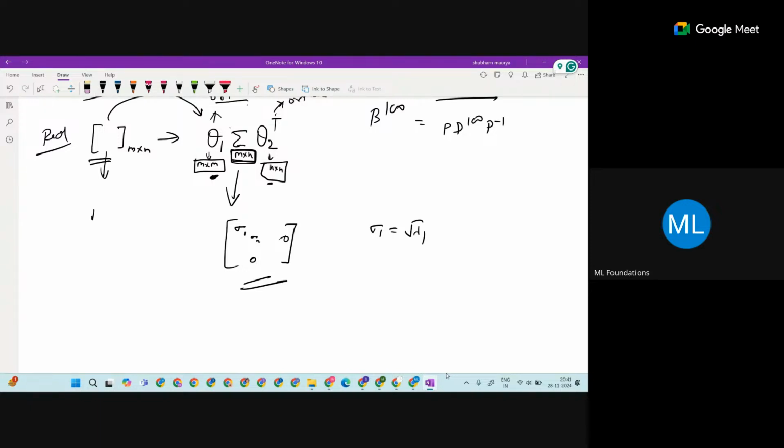If suppose this matrix is A, then first we'll find A transpose, right? Yes, in the process. In that case, A is m cross n, then A transpose is going to be n cross m, so finally the product is going to be m cross m. Using that we'll find the eigenvalues, right?